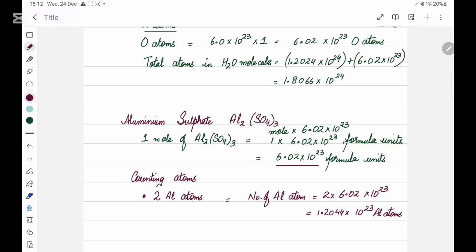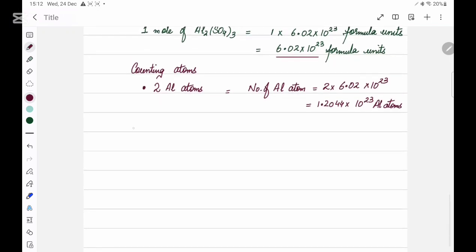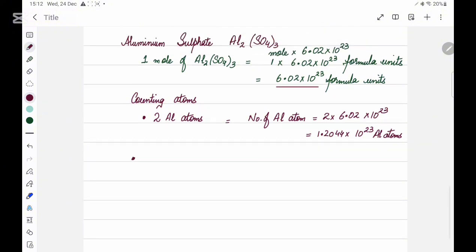Then we have sulfur atoms. You can see how many sulfur atoms are present there. This 3 is multiplied with the sulfur, so there are 3 sulfur atoms. I'm going to find the number of sulfur atoms by multiplying the formula units, 6.02 times 10 raised to power 23, with 3.